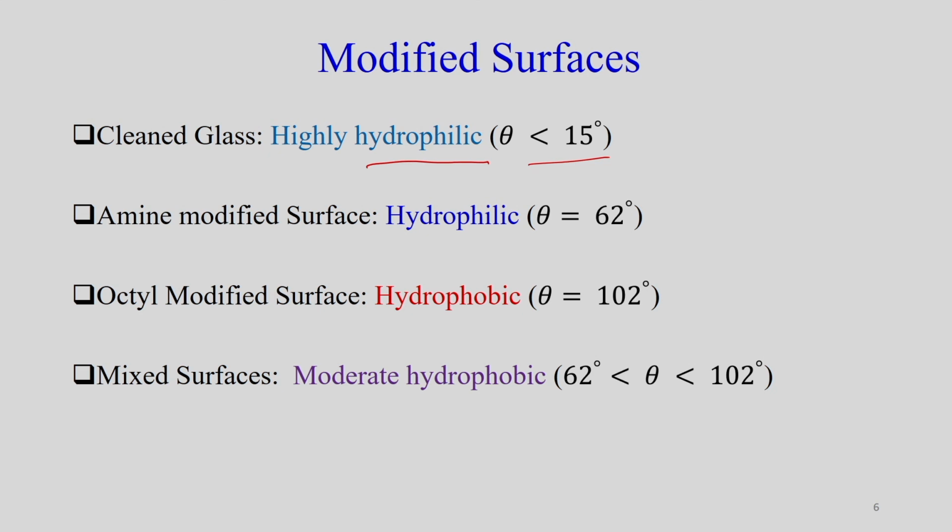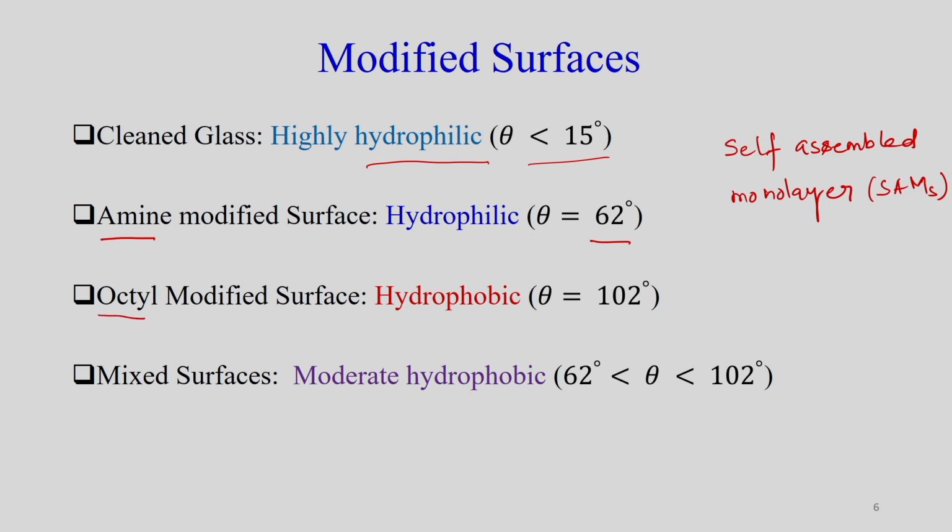Here we form self assembled monolayers of different functional groups, and depending on that functional group the wettability varies. Here we choose the amine. For the amine group the contact angle was 62, so it is less than 90. So, it is a hydrophilic surface.